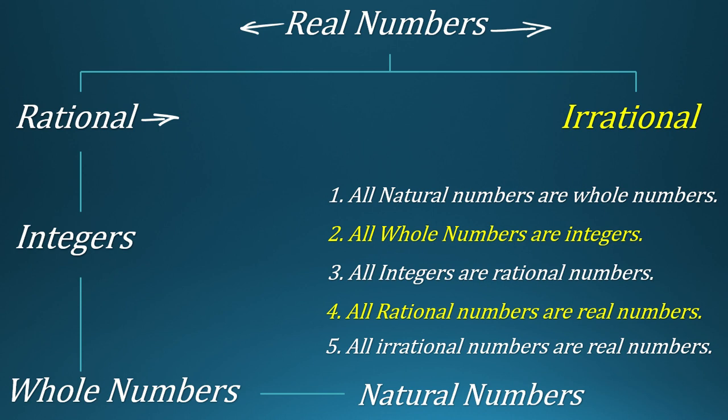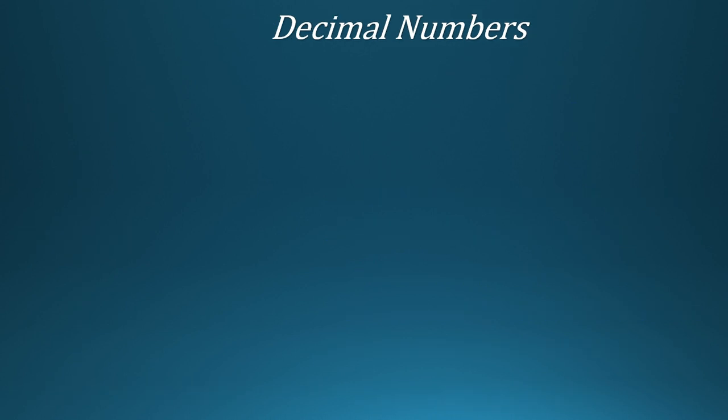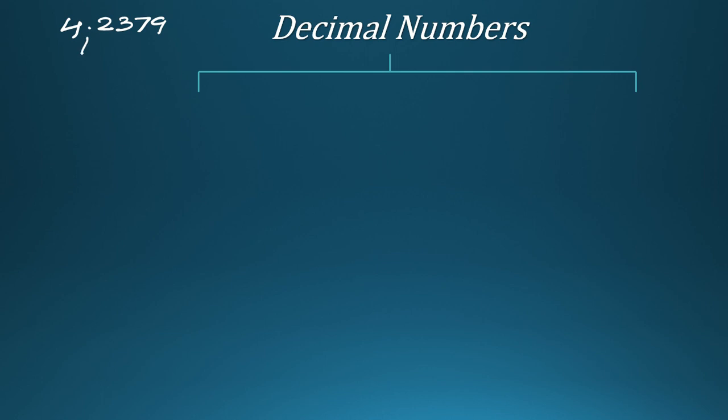Okay, now let's talk in detail about decimal numbers. Slowly we are approaching rational numbers. Decimal number means any number you see with a decimal point, for example 4.2379. Whenever you see this dot, it is a decimal number. You might have noticed two types of decimal numbers. First is terminating.